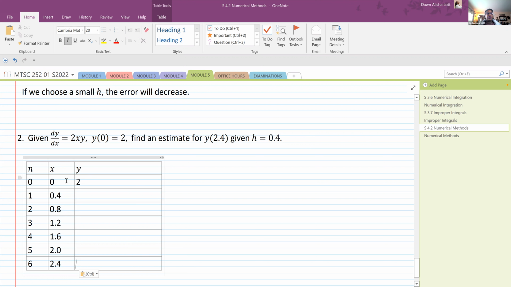So it is going to take me 6 iterations to get to 2.4 if h is this big. Everybody understand what the task is? Okay, again, we're trying to get an approximation for the solution without knowing the true solution of the differential equation. All right, an approximation for the solution. Any questions?